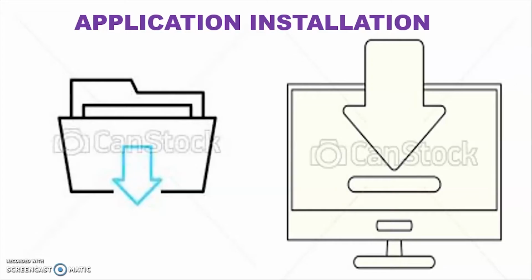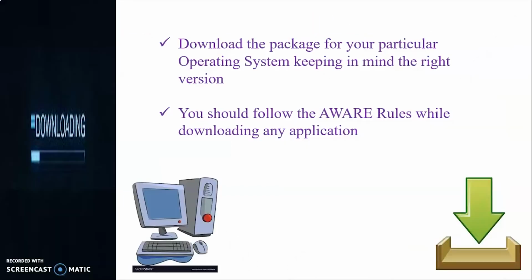First we are going to see how to install an application. To install an application we follow certain steps. The first step is you have to download the correct OS. The particular OS which you are downloading from the internet should be the latest version.